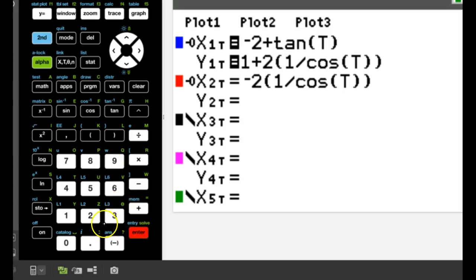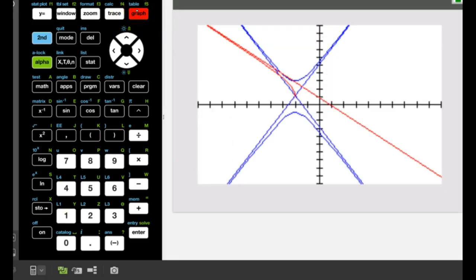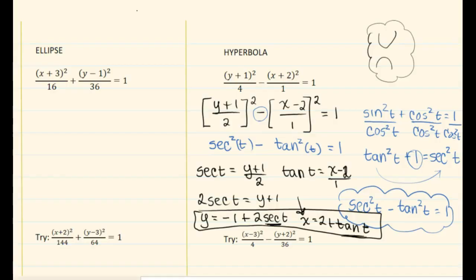And then my y value is going to be 1 plus 2 tangent of t. So I left the blue one on so we can see if we're going to graph the exact same thing. Even though we graphed the wrong equation, we can still see that it was going to be a horizontal hyperbola instead of a vertical hyperbola.